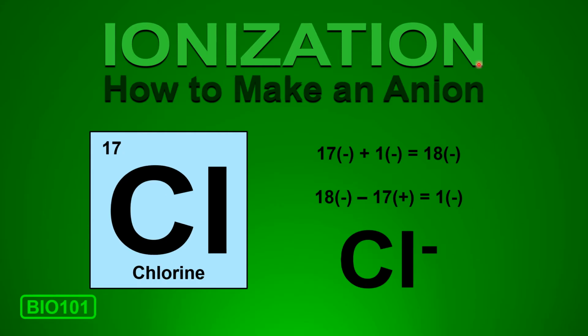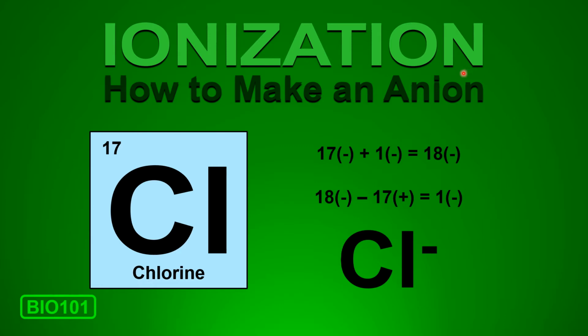So on the flip side of the coin, how do you make an anion? This is an atom with a net negative charge. Here we have chlorine with its atomic number 17, 17 protons. That means 17 electrons, and we're going to pick up an electron, right? We're going to make this thing more negative.